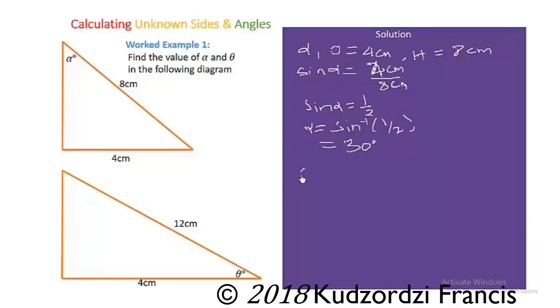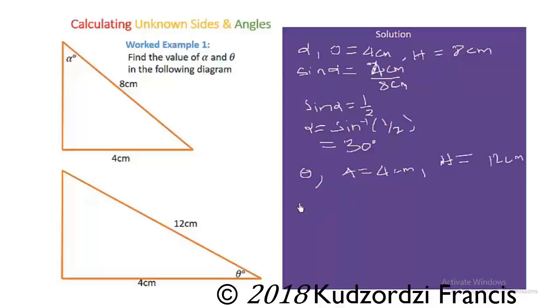Now for the theta degrees angle, we're given the adjacent to this angle, which is 4 centimeters. Then we're also given a hypotenuse. So the hypotenuse is equal to 12 centimeters.